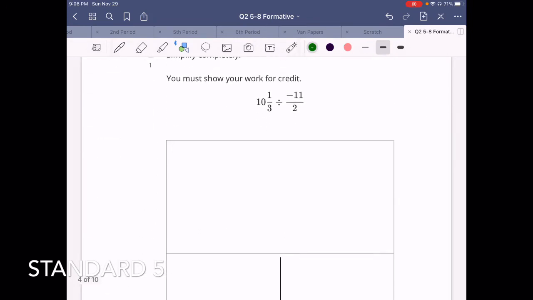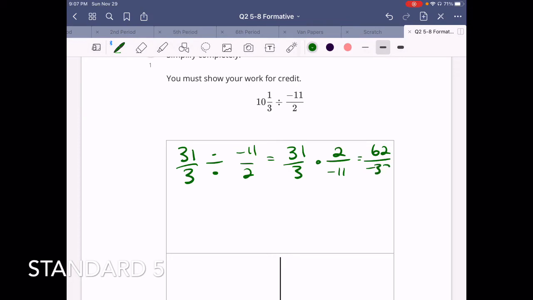Number 3. Now we have a mixed number here. So 10 and 1/3 is the same as 31/3 divided by -11/2. This is the same as 31/3 times 2 over -11, which is 62 over -33. And again, I am going to leave it just like that.